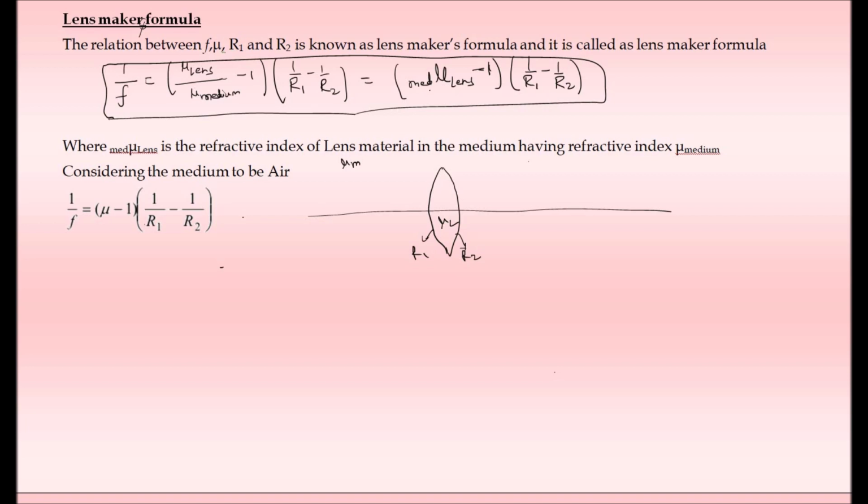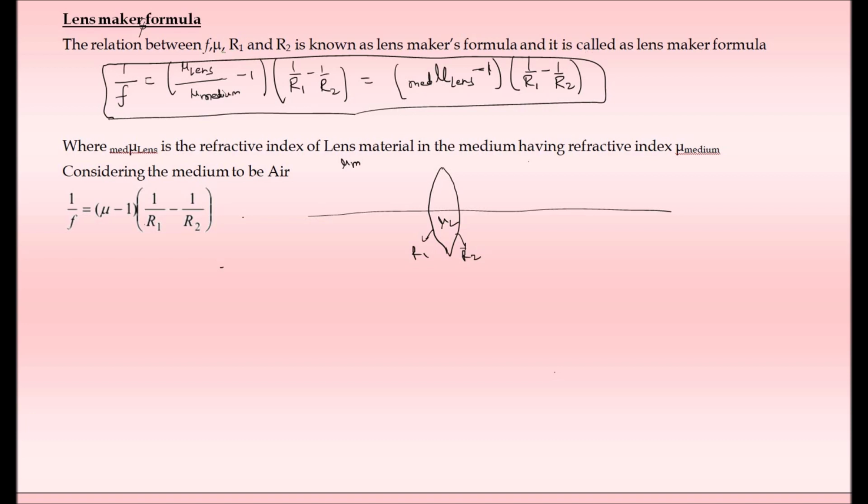We may also write it as (medium mu lens minus 1), that is the refractive index of the lens with respect to the medium, minus 1, into (1 by R1 minus 1 by R2).